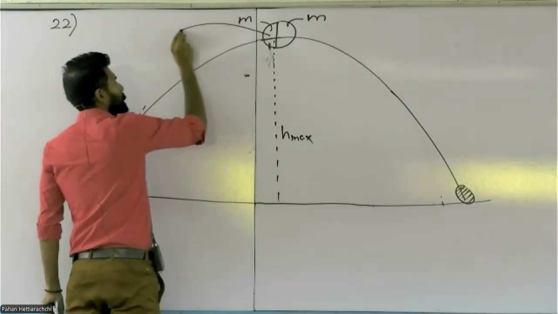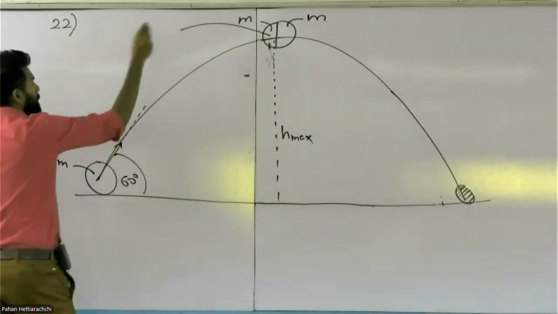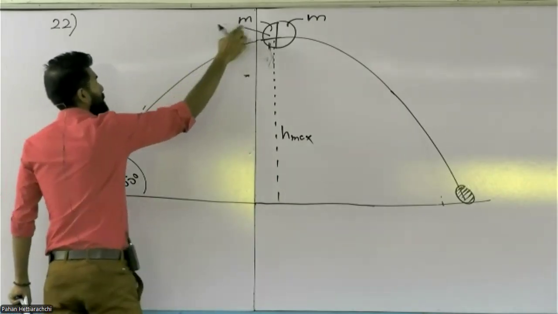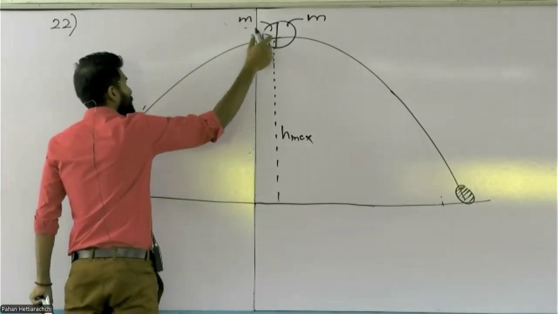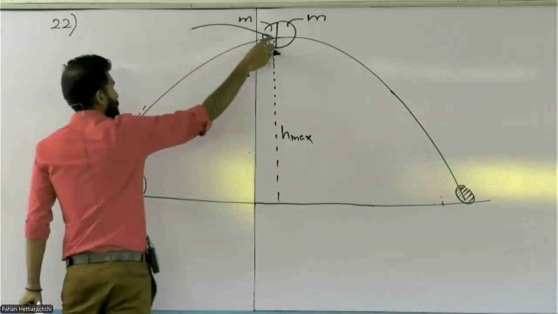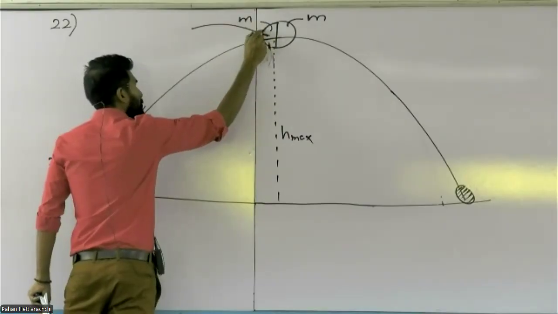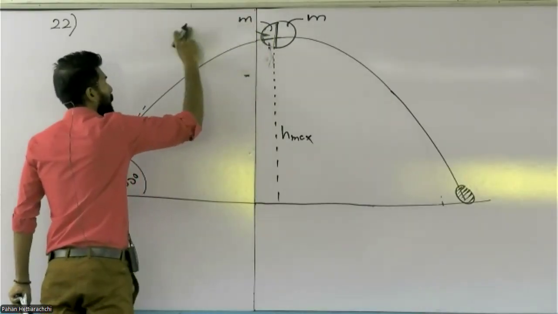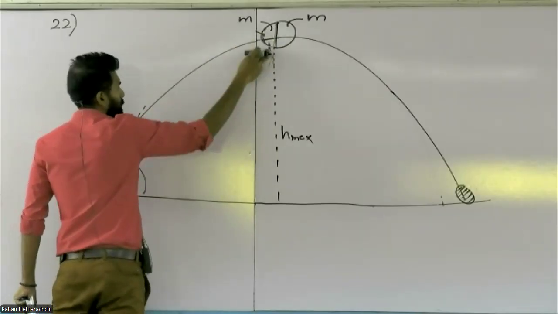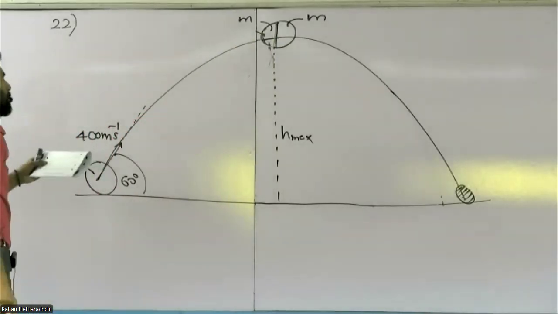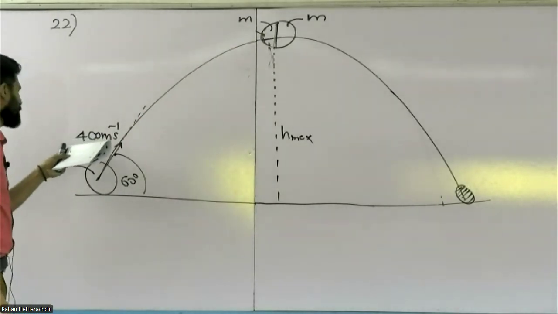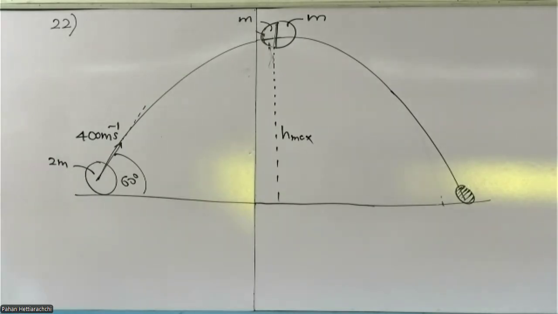That means what has happened to this fragment? Due to the conservation of momentum, it has gained zero velocity. After the explosion, it has come to a zero velocity value, so it can't stop there, and then it has fallen down. And what about the other one? Find the horizontal distance from the firing point to where the other fragment lands.